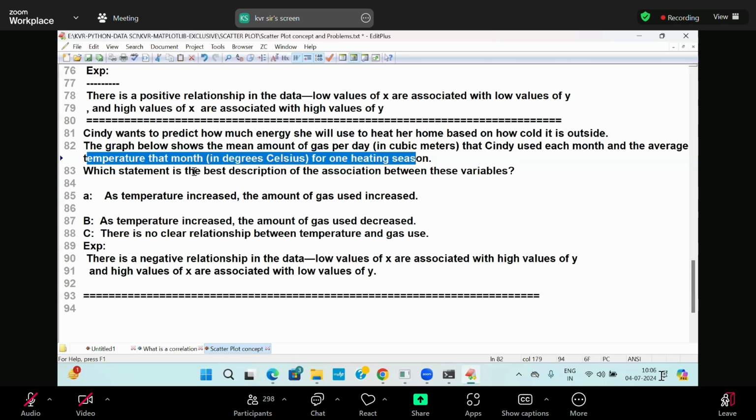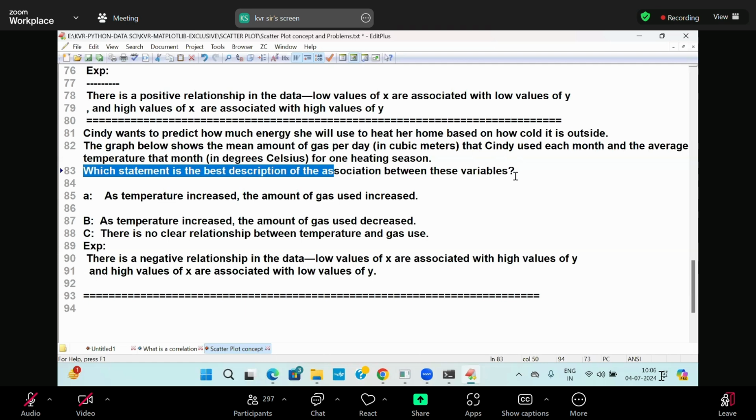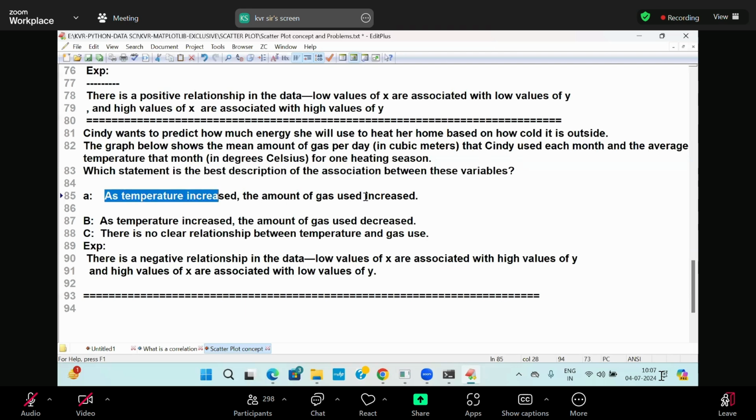Which statement is the best description of the association between these variables? More cold outside means more heat is required.